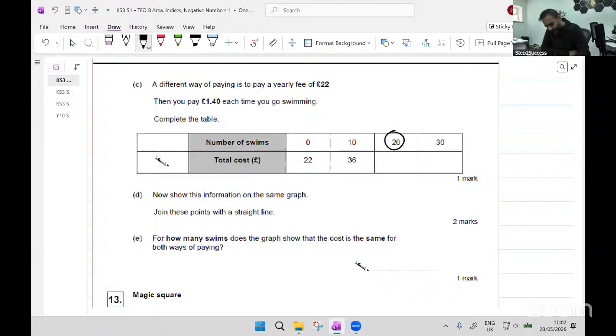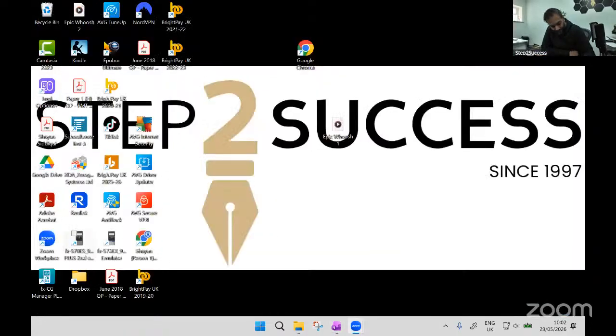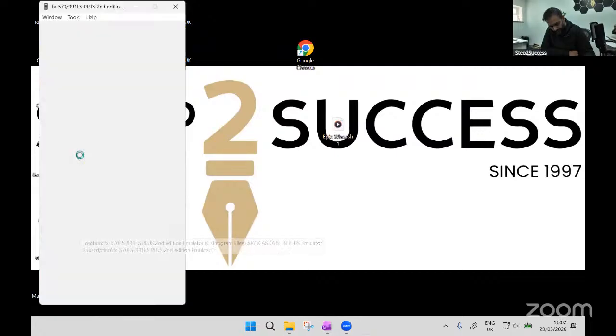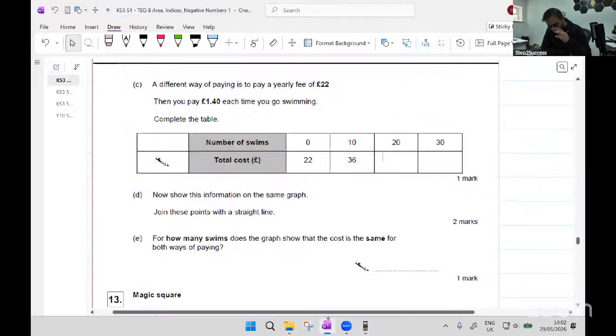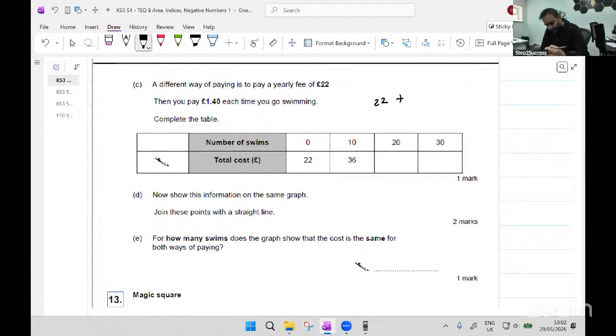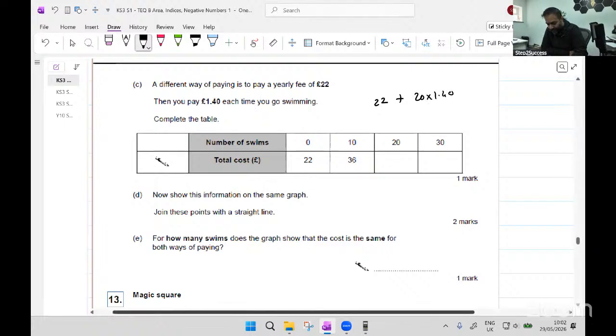So if you go swimming 20 times, I'm gonna use a calculator for this just to save time, or I might not. So if you go swimming 20 times, you still pay £22 because that's your yearly fee, plus 20 swims at £1.40 each. So 10 times £1.40 is 14.